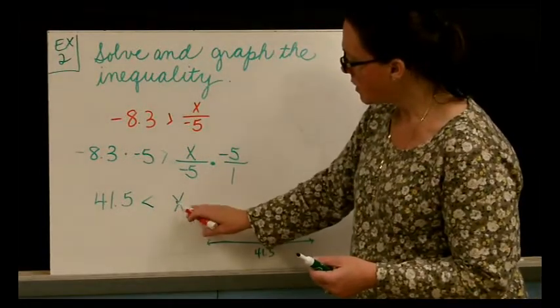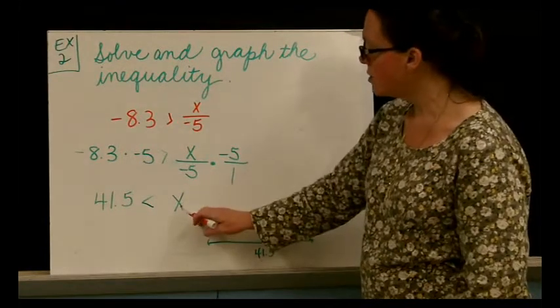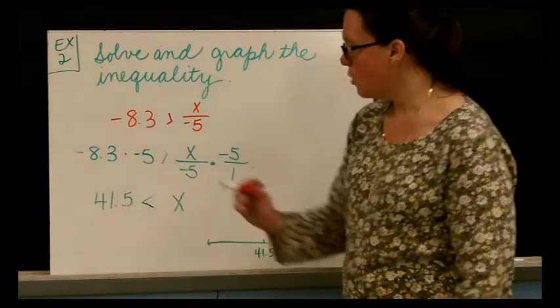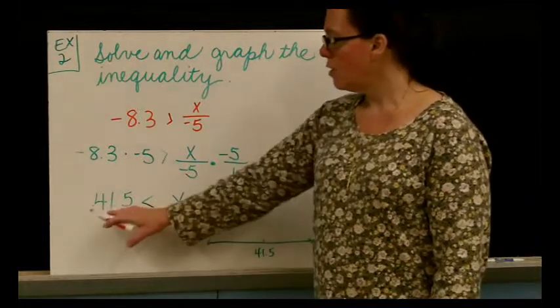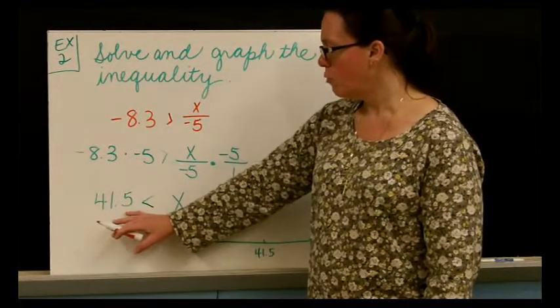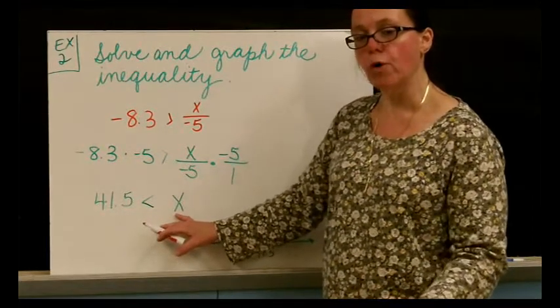So if you read it from the perspective of the variable, what this says is that x is greater than 41.5. So you see, even though we're reading this left to right, that 41.5 is less than x, it's still true. We didn't say anything that was false.